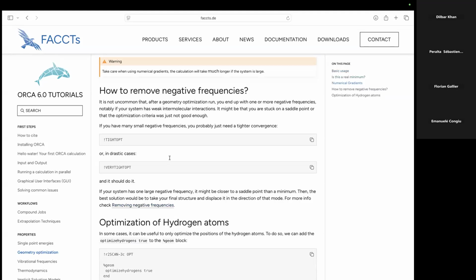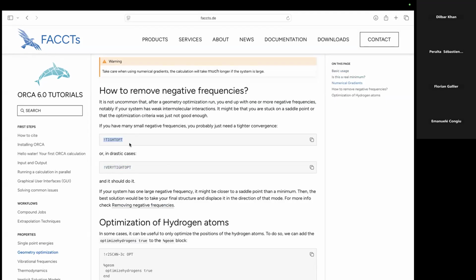So if you get imaginary frequencies, you can make your optimization criteria tight. That can help you to avoid it, or even you can make it very tight. You just simply use this keyword in your input file.